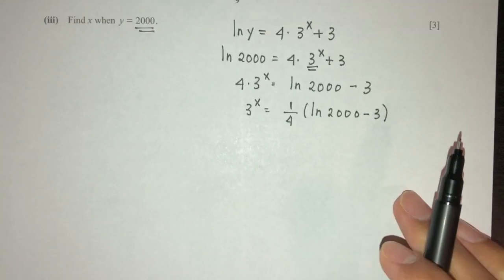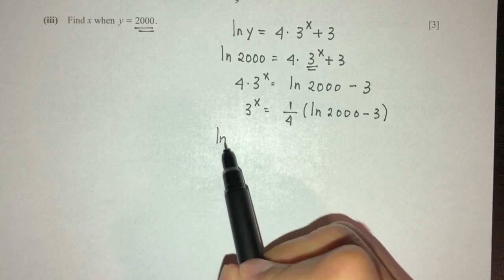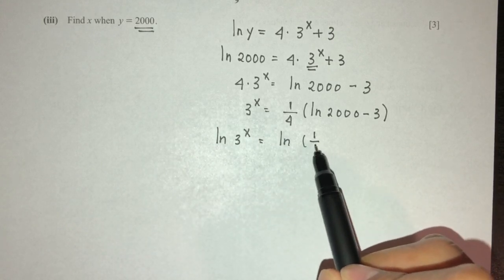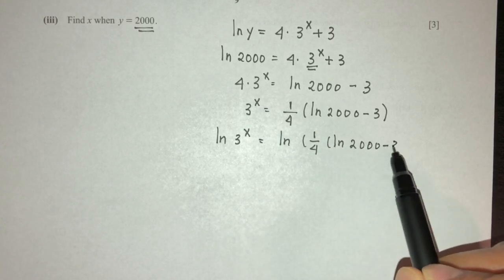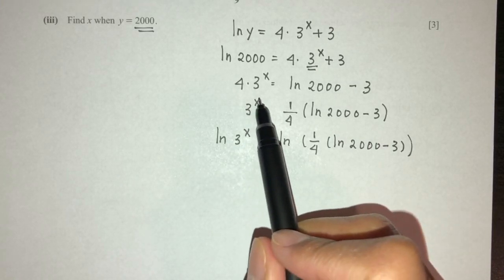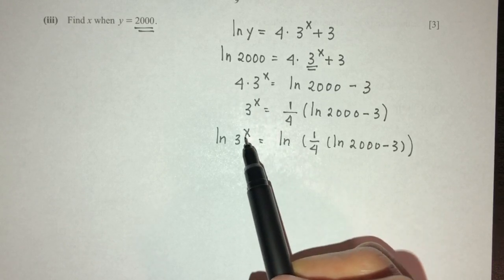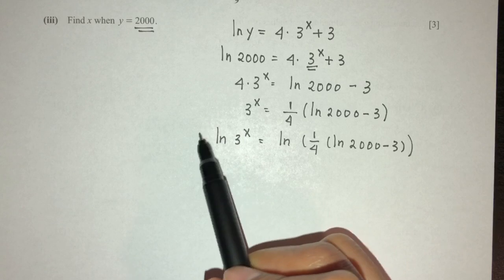And then to find the value of x, we have to take ln on both sides. Whenever you see something with x in the power, if you want to find that value, we have to take ln, so we can bring the x down here.